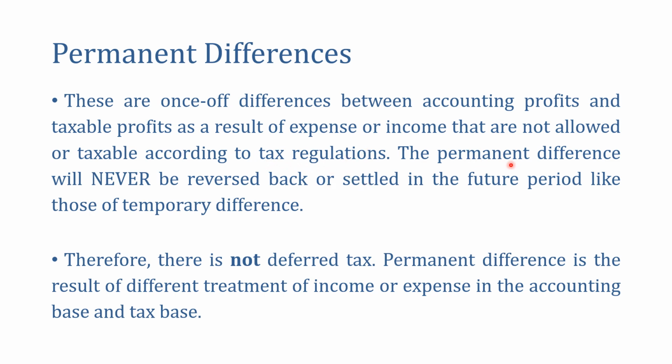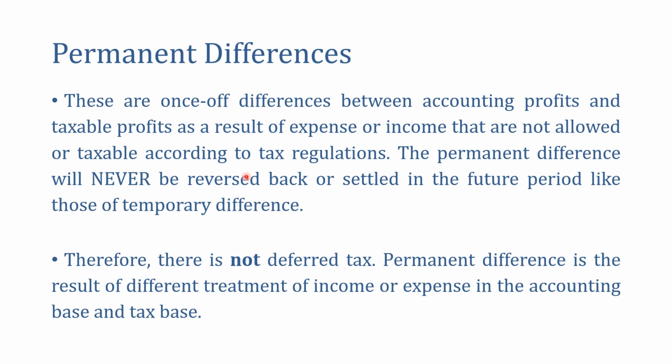The permanent difference will never be reversed or settled in a future period like those of temporary differences. Remember, for temporary differences, we say if there is any difference, that difference will be reversed in the future. But for permanent differences, there's not going to be any reversal.